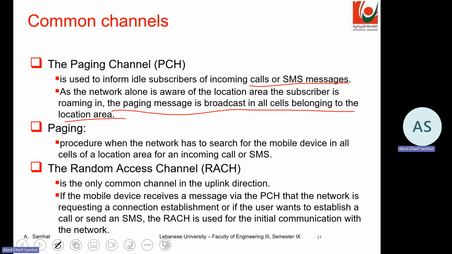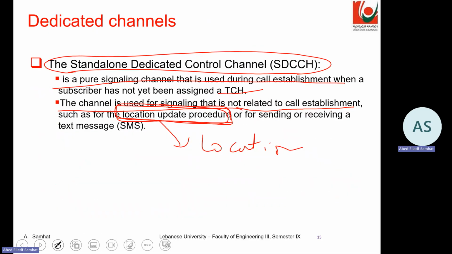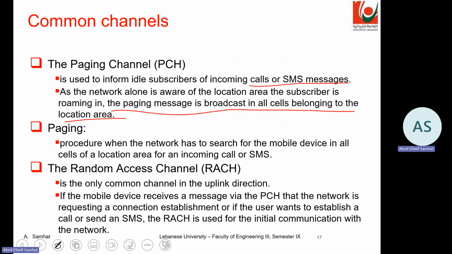It's used really to broadcast the information and to inform about the message, but the message itself is sent over the standalone dedicated control channel. Okay, and some of the location update procedures are done using the standalone dedicated control channel.